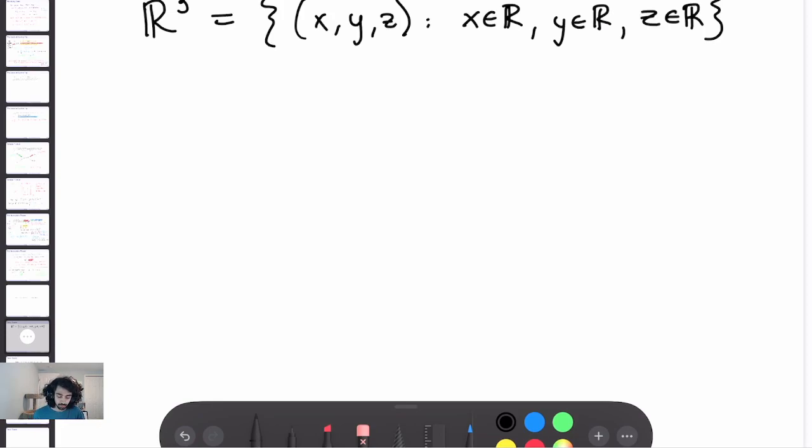So we can describe any point in space by these three coordinates. Pick your favorite starting point, pick a set of axes, and then describe how far you have to go this way, how far you have to go this way, and how far you have to go that way. Now I should draw the thing that I just said.